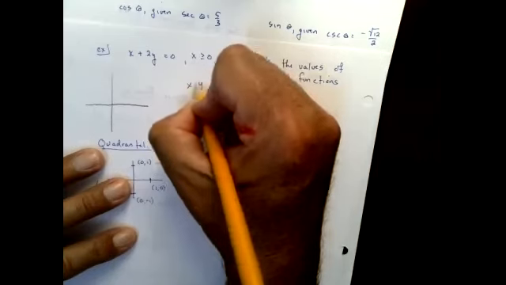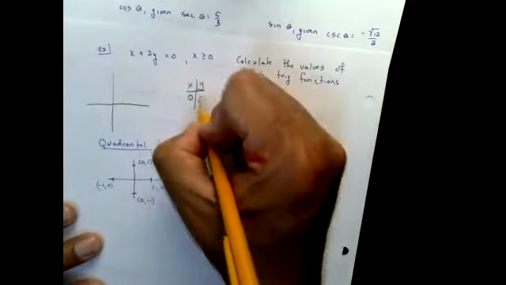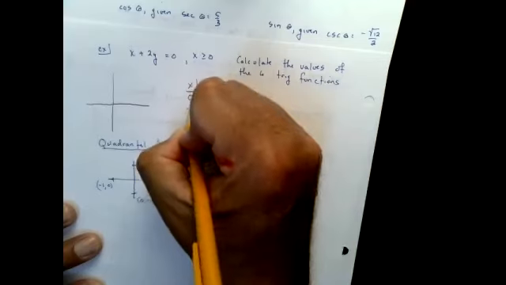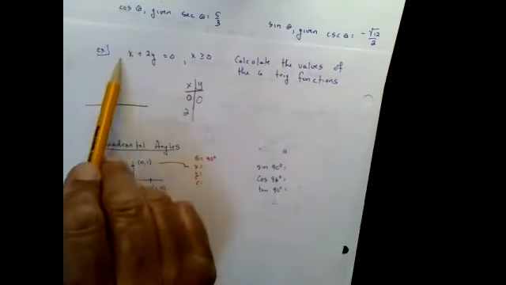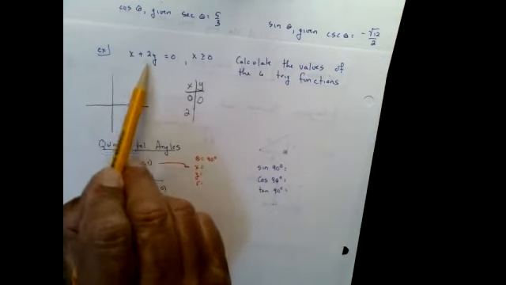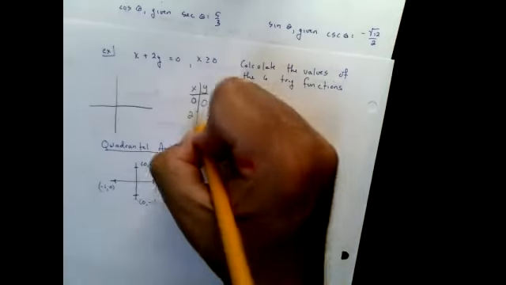Let's see. If I say x is 0, what does y have to be? 0, good. If I say x is 2, what does y have to be? Plug 2 in, subtract 2, divide by 2, y equals? -1. Excellent.